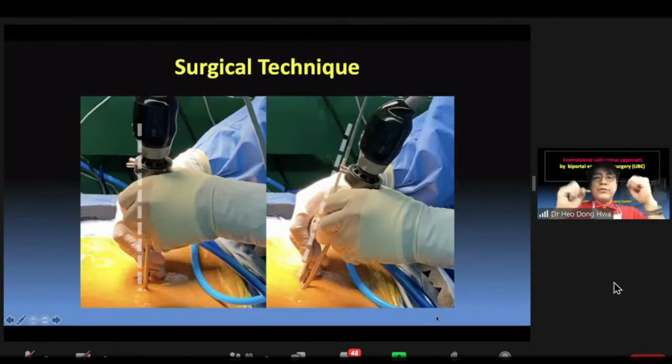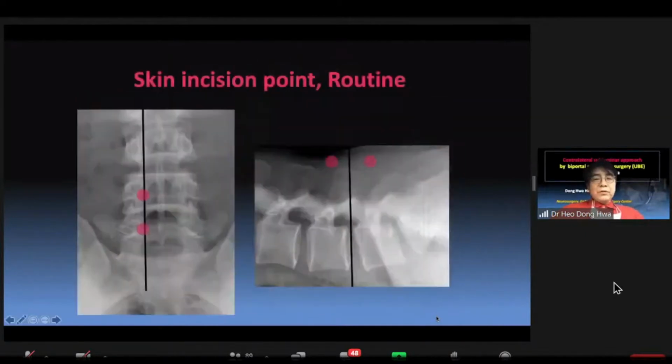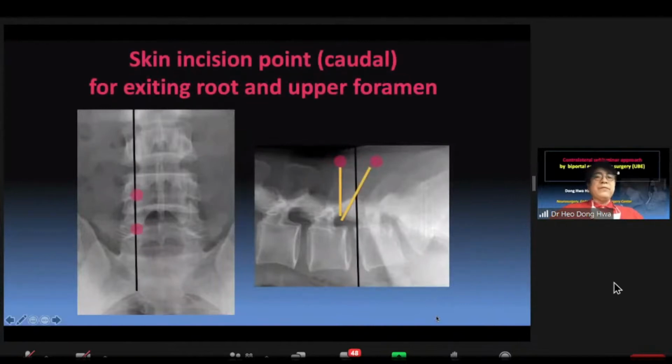Just by tilting the endoscope, we can easily see the contralateral side without any maneuvering. These two points are the usual skin incision points of the UBE. However, if the main target is the exiting root and upper foramen, we have to modify the two skin incisions more caudally.